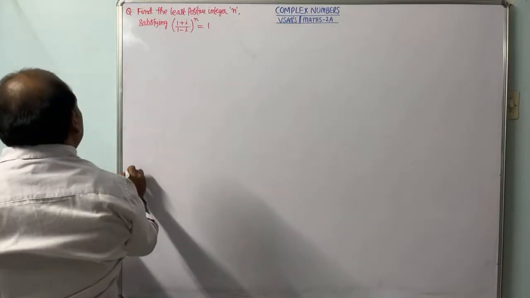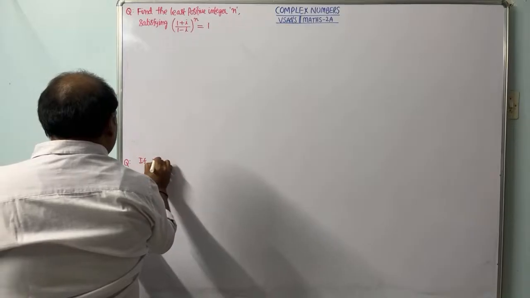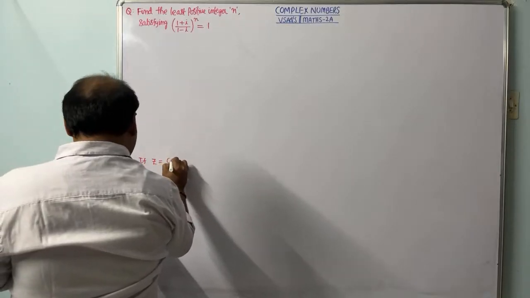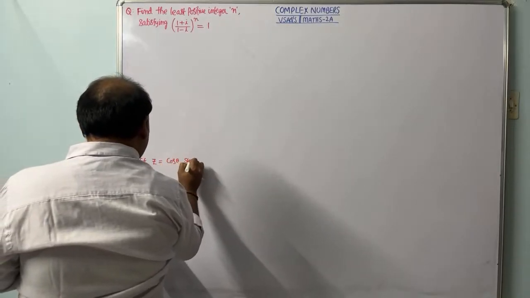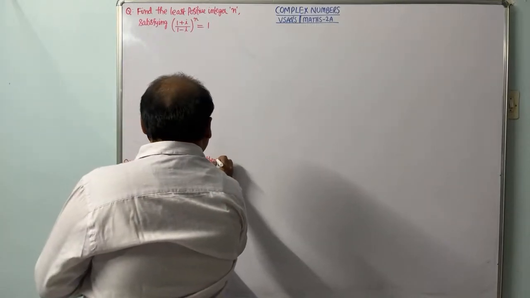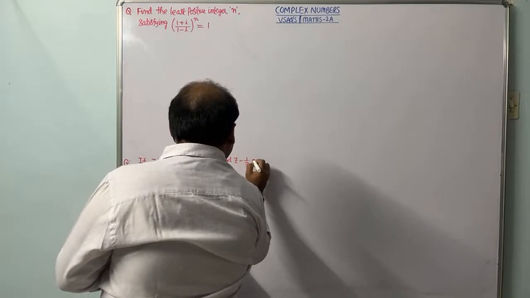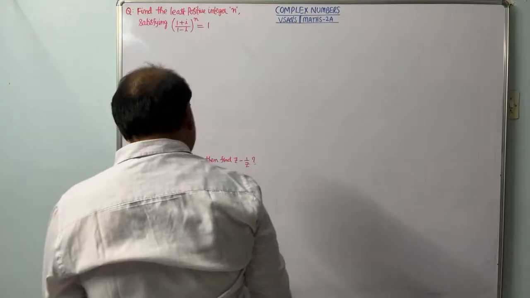And the next question: if z is equal to cos theta plus i sin theta, then find z minus 1 by z.